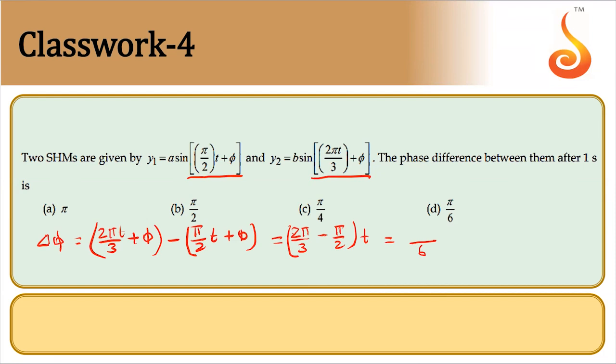This will be 4 pi minus 3 pi, that will be pi. So it will be pi by 6 into t. At t equal to 1 second, delta phi, substitute t equal to 1, it will be pi by 6. Not seconds, just pi by 6. That is the phase difference.